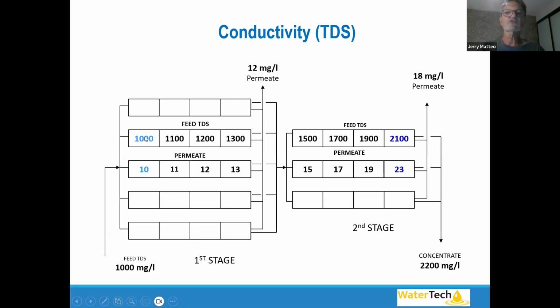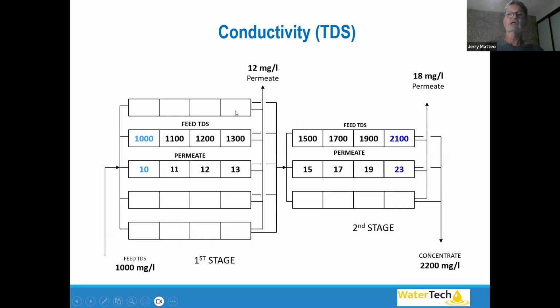So only the first membrane, I said it before, I'll say it again, only the first membrane sees my raw water, 1,000 milligrams per liter dissolved solids. My second membrane sees water that's already had pure water pulled out of it, so it's got a higher conductivity, and so on and so on. So my last membrane sees higher conductivity.